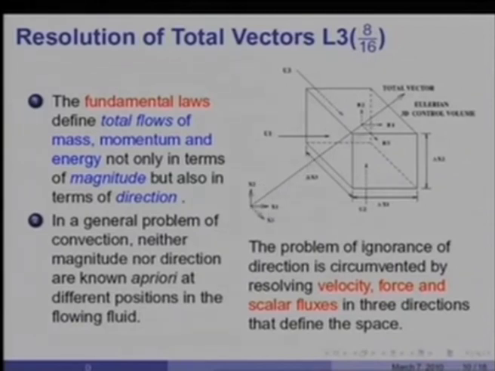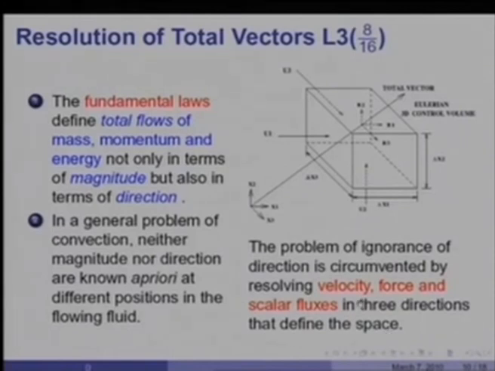So, the total velocity vector u would be resolved in terms of velocity vector u1 in the direction x1, u2 in the direction x2 and u3 in the direction x3. Same thing would apply to forces, same thing would apply to all other fluxes like heat flux and mass flux. So, we should always resolve all the vector quantities in three directions that define the space.